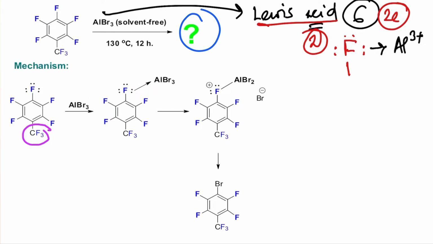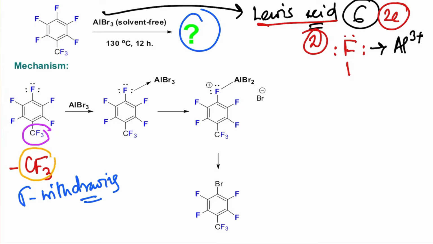Question, why? See, if you look at this, these CF3 groups are actually sigma withdrawing. How? Because of attachment of these 3 electronegative fluorine atoms, this carbon becomes electron deficient. That's why it withdraws the electron density from this sp2, meaning the phenyl ring.